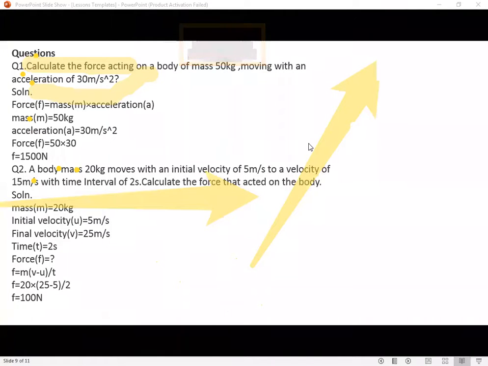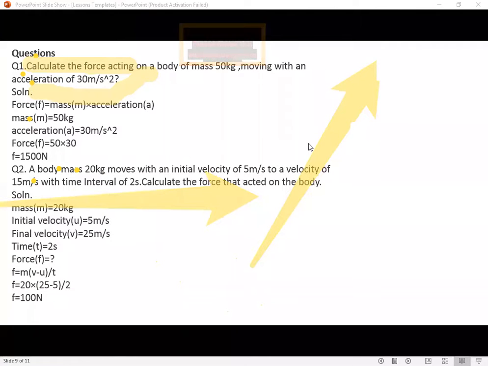So to a velocity of 15 meters per second. That velocity becomes our final velocity, the end velocity. So initial velocity becomes 5, the final velocity becomes 15. And as you can see in the solution, I've written my data down first. Anytime you are solving a physics question or any mathematics question, make sure you put your data down.